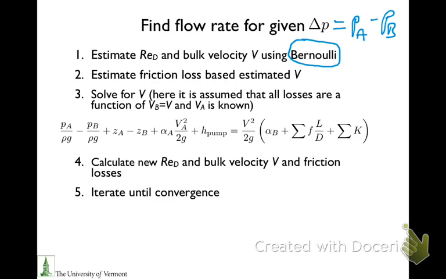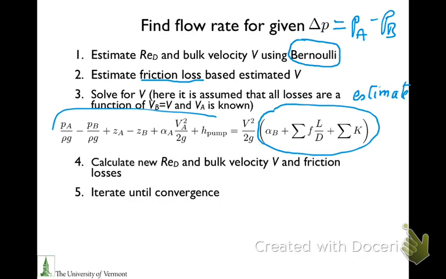Then from the bulk velocity estimated by Bernoulli, you can estimate your friction loss. And you solve for this equation, where now this part is estimated, and this part is known.